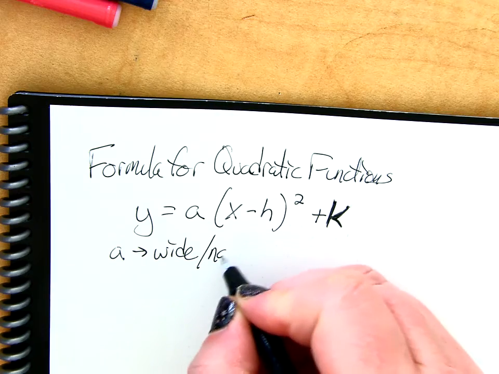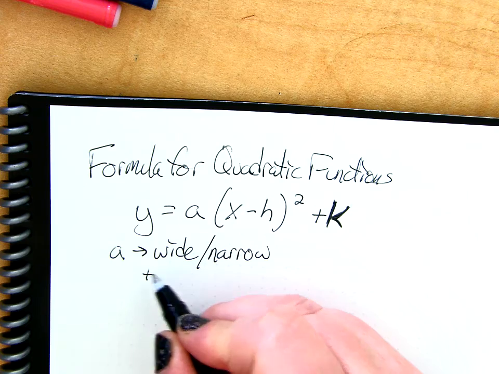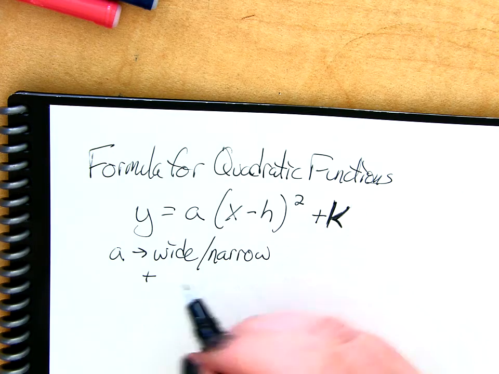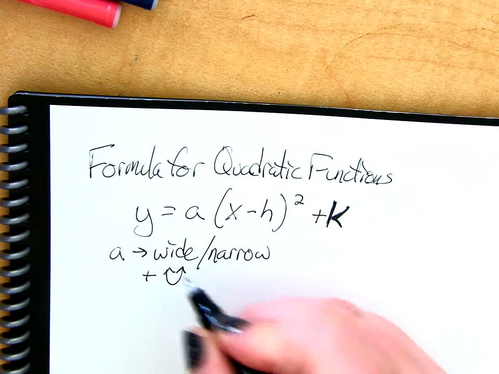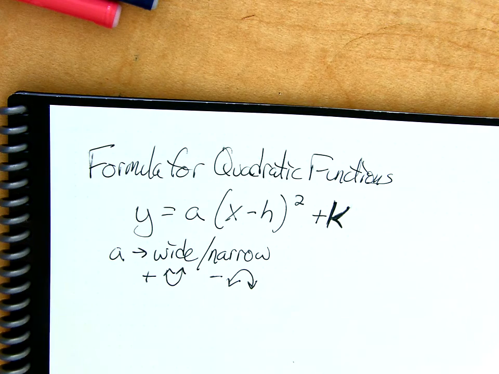So this tells us wide, narrow, and if it's up, for quadratics anyway, it's up like a cup, and if it's negative, it's down like a frown. Okay, so that's old news. We've already talked at great length about that. We will look at those in a bit.